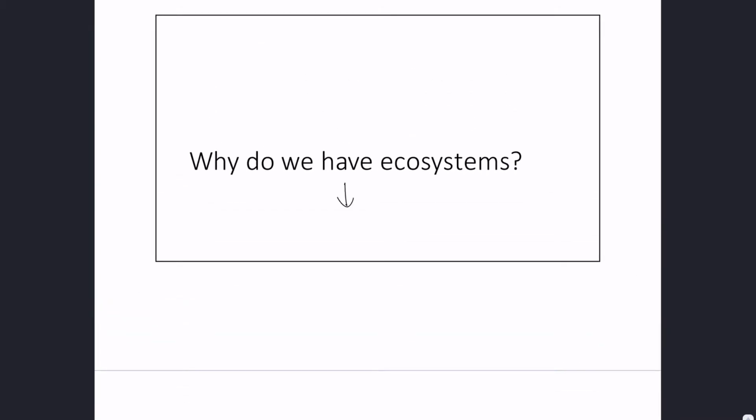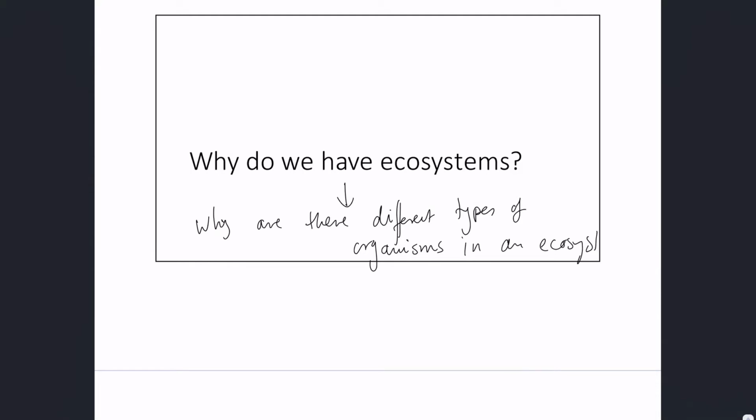Another way of asking that question is why are there different types of organisms in an ecosystem? So why are there more than one different types of species?